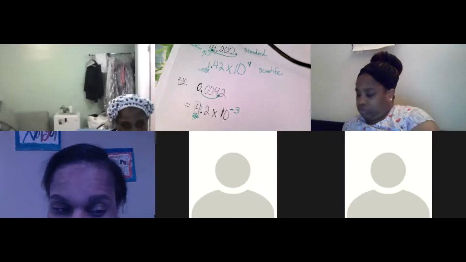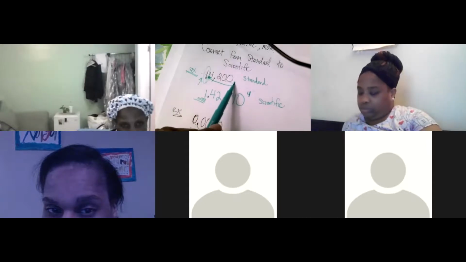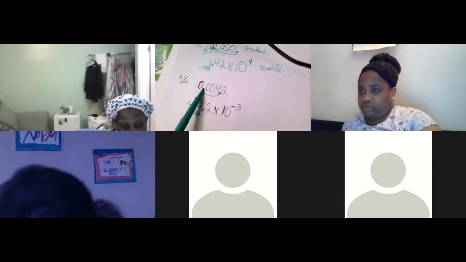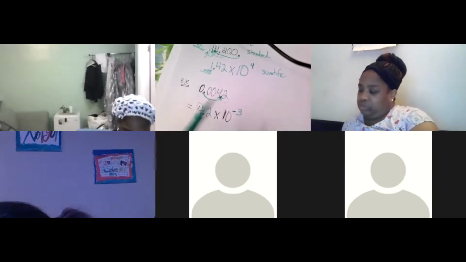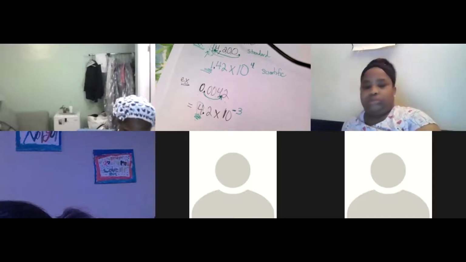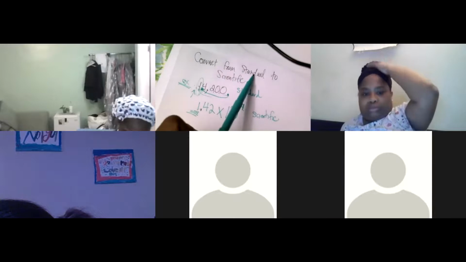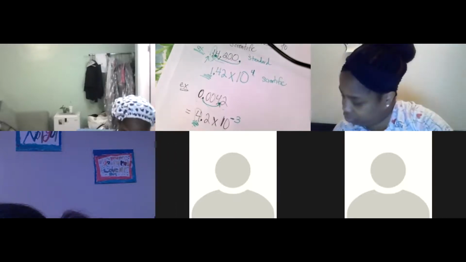And you say to the left is negative? When we move the decimal to the left, it's positive. When we move the decimal to the right, it's negative. That's when we're converting from standard to scientific.